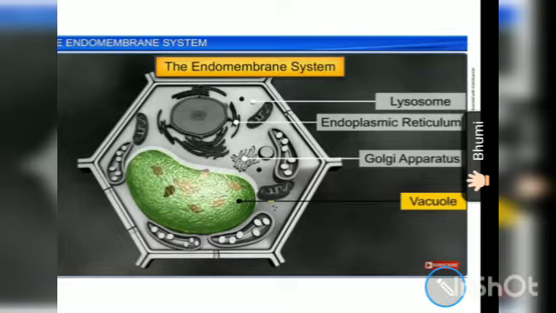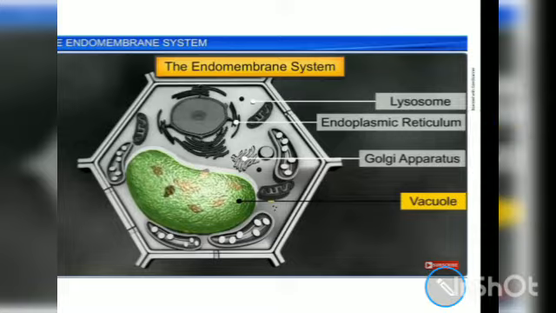Now look here. What we have discussed is that your cytoplasm consists of several organelles inside it, and if you observe, several kinds of thin membranous structures are also present inside the cytoplasm, and together they form the endomembrane system in the cell.